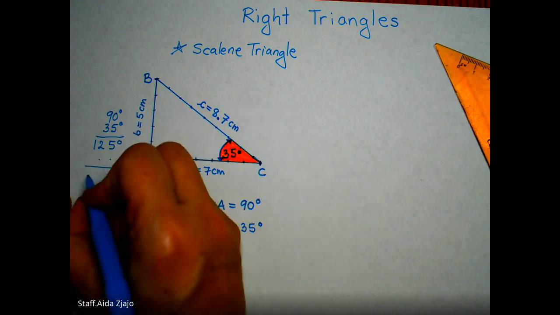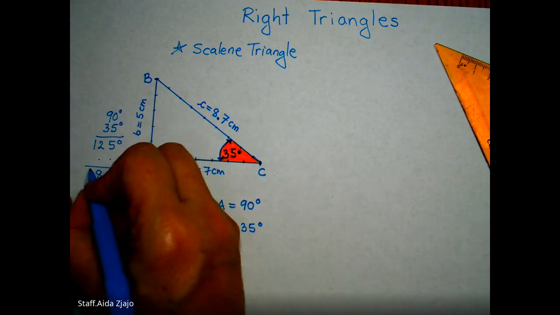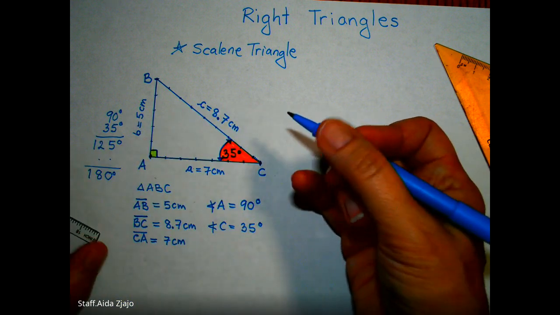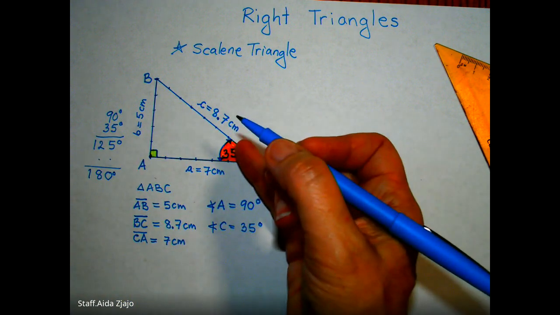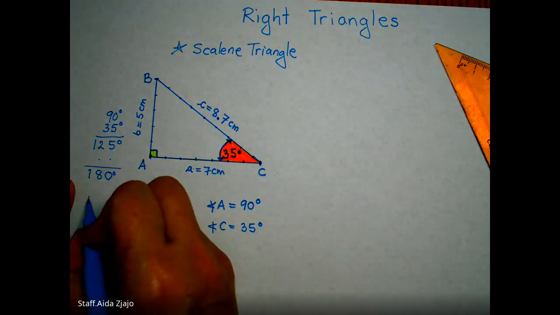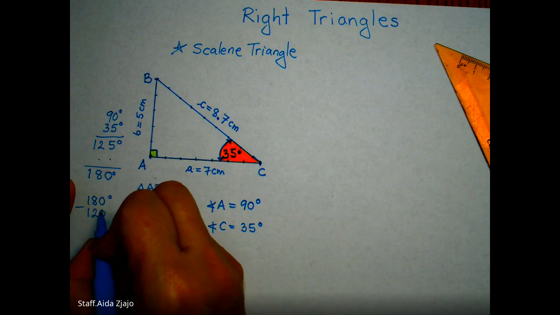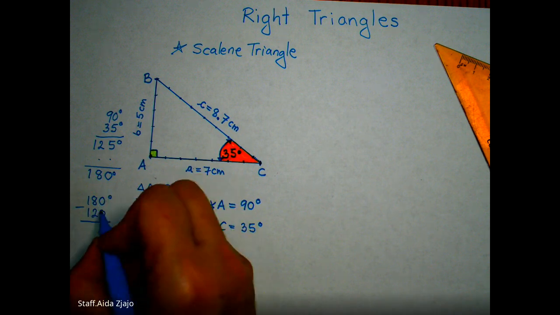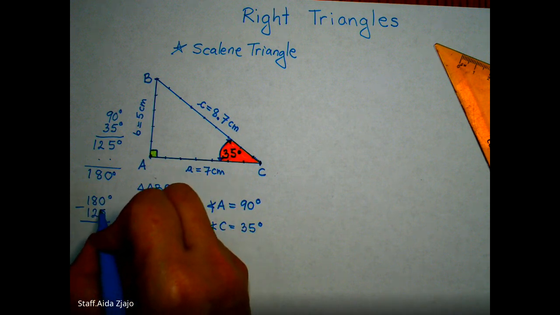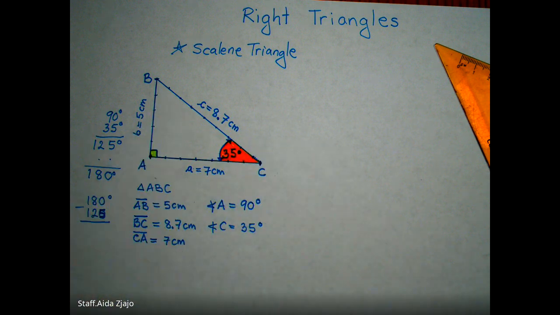So we will have 180 degrees, all three together. That's one way to think. The other way is if you know that these two are 125, then you can say 180 minus 125, and then you can subtract and you will get what the third angle is.